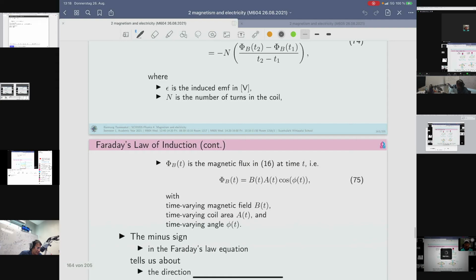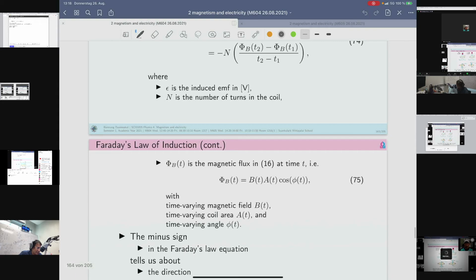So he said that there is flux change, but it's not possible. This is delta B per time, right? So we have to consider delta phi B. Phi B is B A cosine phi, where phi is the angle between the normal vector of that area and the magnetic field direction.